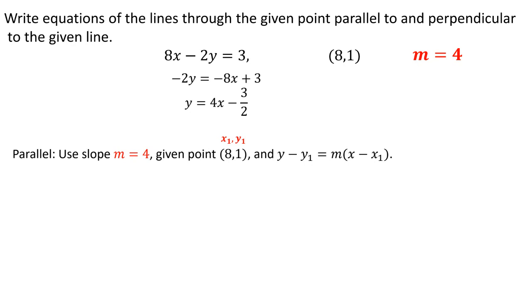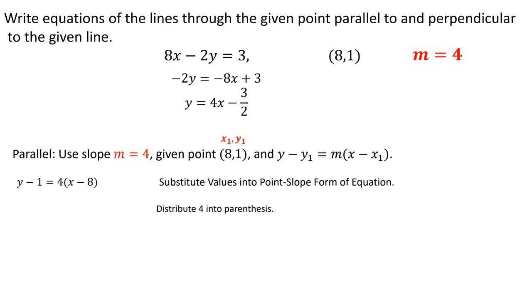My point slope formula says that if I'm given a point and the slope, I can come up with the equation. It would be just plugging in. This 8,1 refers to the x1, y1 values, and my m refers to my slope. So let's go ahead and plug in. Okay, so let's substitute in our values and simplify.